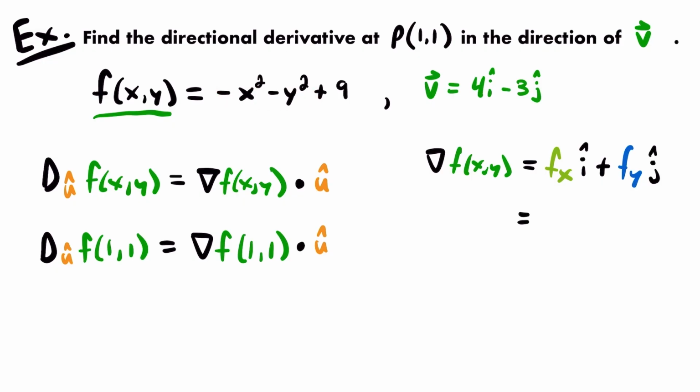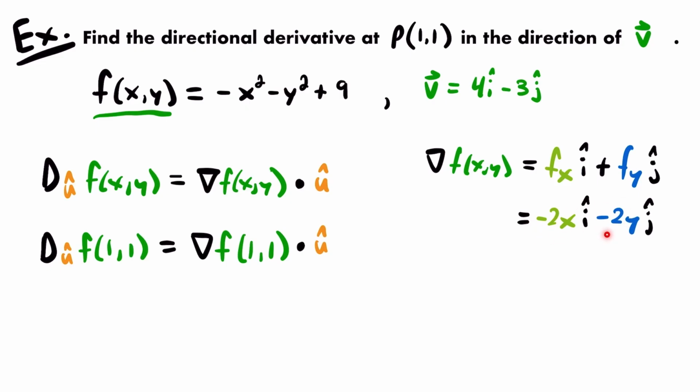So this is equal to negative 2x times i plus the partial derivative with respect to y. And so looking at this function, negative x squared and 9 would both be constants with respect to y. Their derivatives are 0. But negative y squared, its derivative would be negative 2y. So what we'll have here is negative 2x i minus 2y times j.